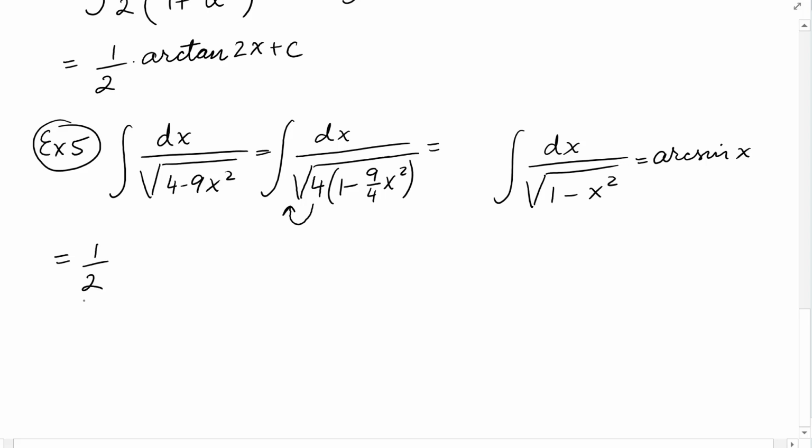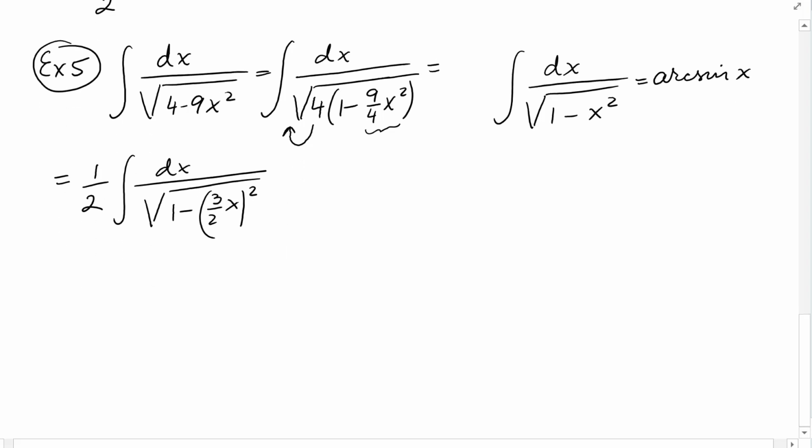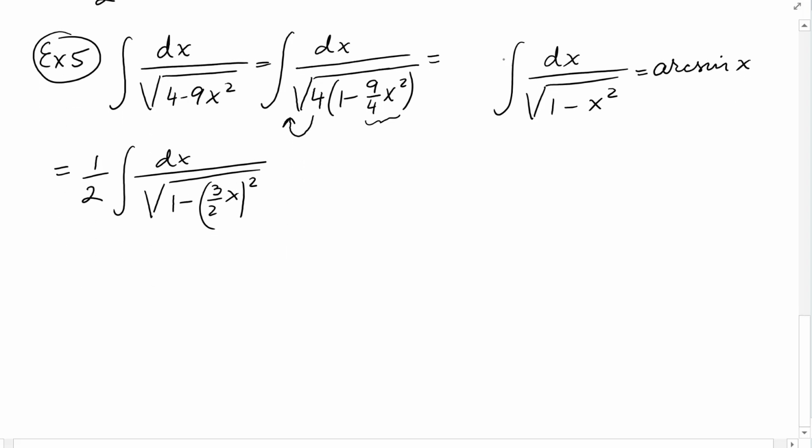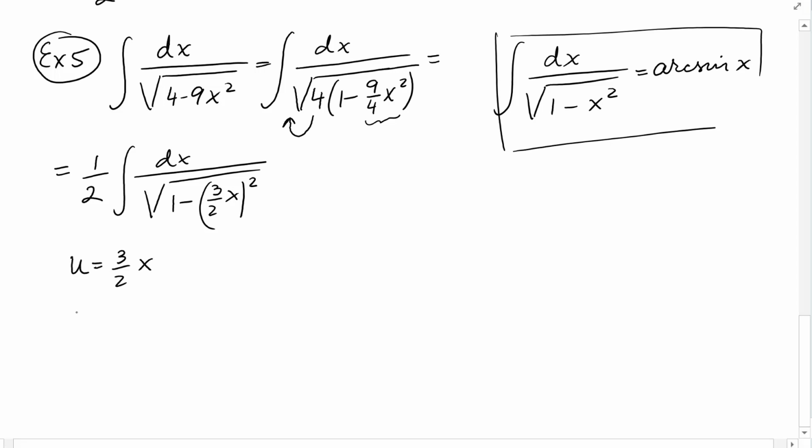So it's going to be 1 over 2 integral of dx over square root of 1 minus, and instead of 9 over 4 x squared, we write 3 over 2 x, everything squared. So this starts looking more and more like the formula that we wrote here. So let's write u equals 3 over 2 x.